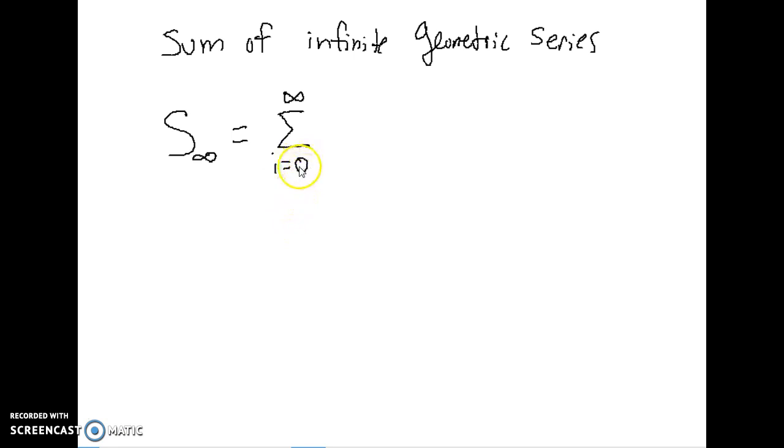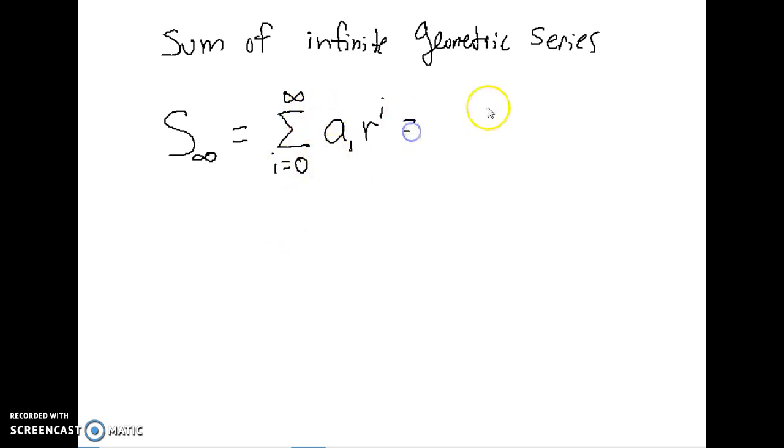Really it's just the term that's going to start our sequence. So we'll have a of 1 and then r to the power of i, whatever that value is. That's what we're going to see as the summation symbol.